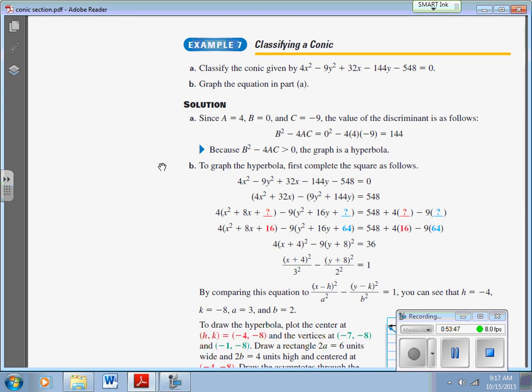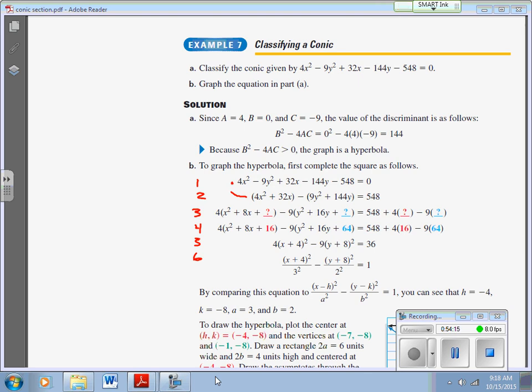Everything's equal to 0. Take a look at what happened from the first step to the second step. Can anybody describe to me what happened? Let's number these. This is step 1, step 2, step 3, 4, 5, 6, and 6 would be when you got to the end.